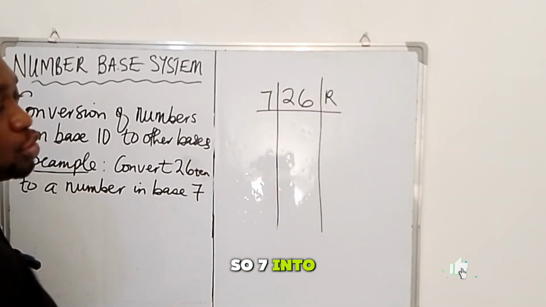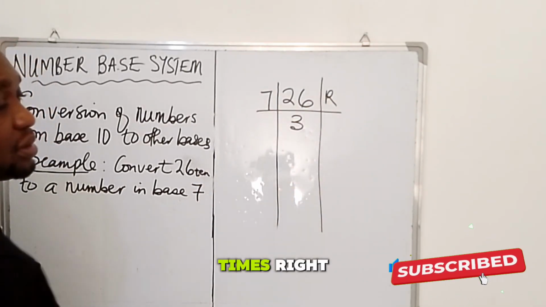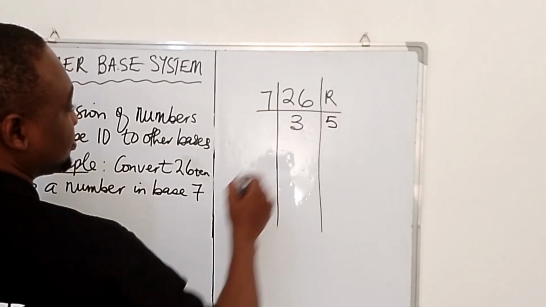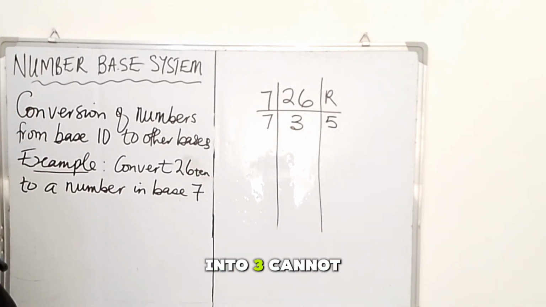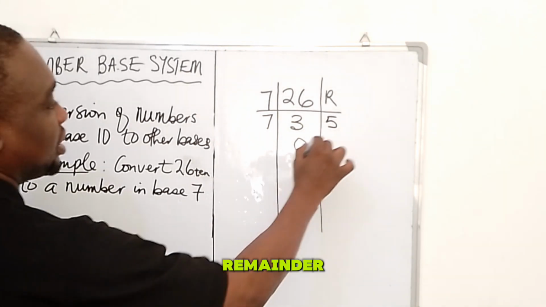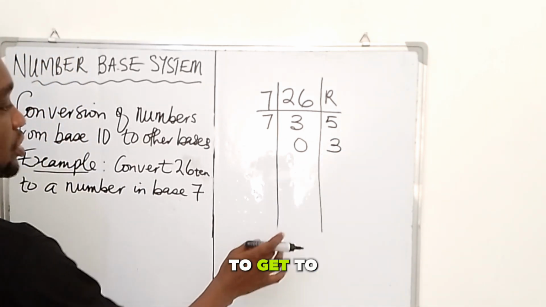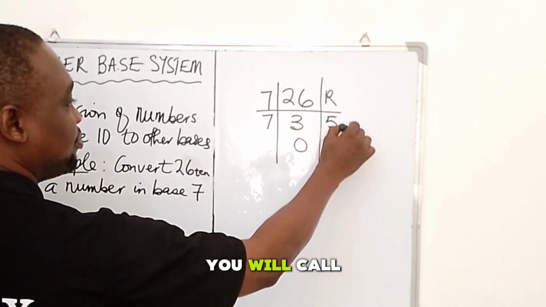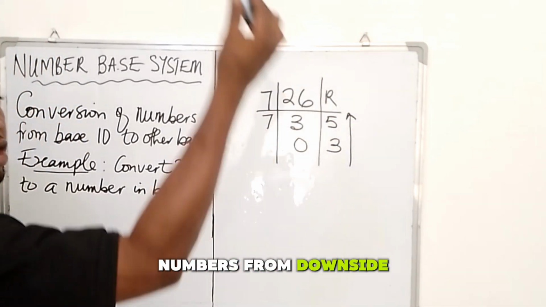So 7 into 26 is 3 times, right, which is 21. Remainder what? 5. 7 into 3 cannot, so you have a 0. What is your remainder? You have a 3. So to get your value right, you will write the numbers from downside up.